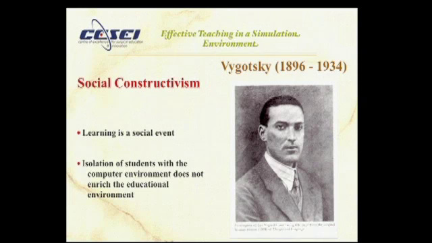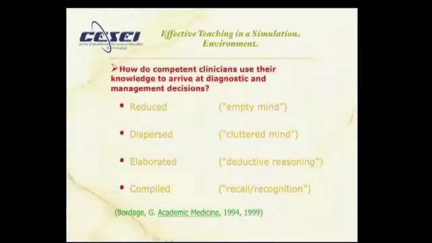If we go back and think, how do we as clinicians come to diagnostic or management decisions? Research has shown that we do four types of thinking: reduced thinking, dispersed thinking, elaborated thinking, which is based on deductive reasoning, and compiled thinking, which is based on recall, recognition, memory.